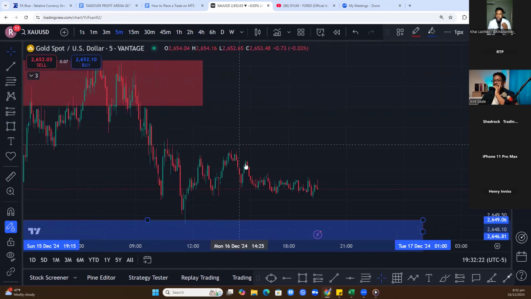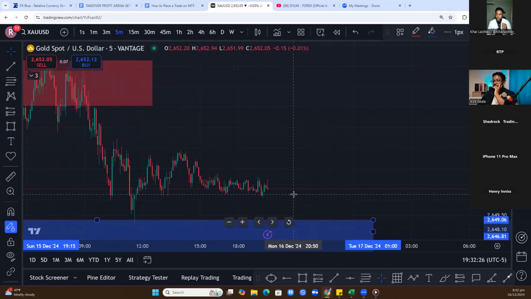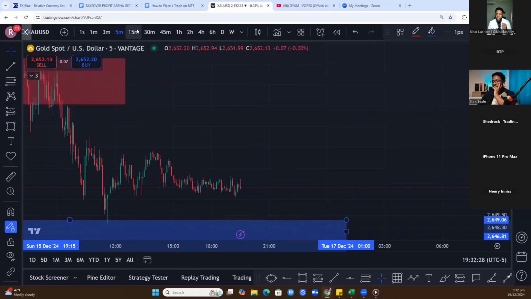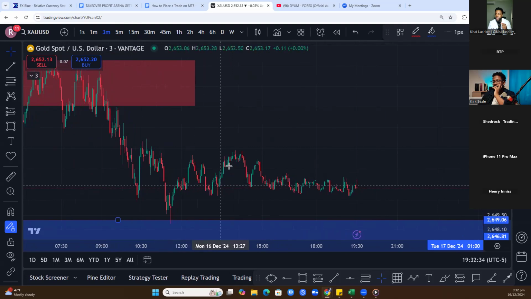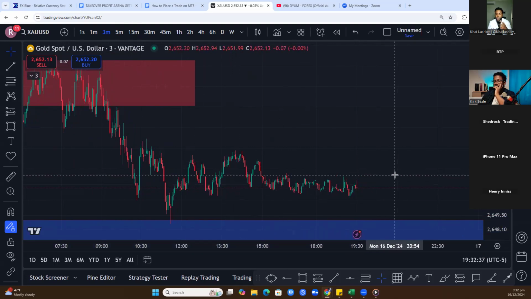On the smaller time frame, we've got price just chilling at this point. Market's chilling here, maybe consolidating here. So, in a market like that, just wait for it to give you that momentum shift. That's all you want. You waited for it to give you that momentum shift. That's how you utilize those candlestick patterns to assist you in the market.